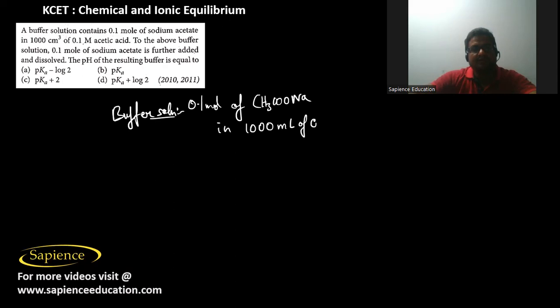Then here it is told there is a buffer solution which contains 0.1 mole of sodium acetate, CH3COONa, in 1000 centimeter cube, so in 1000 ml of 0.1 molar acetic acid, CH3COOH.